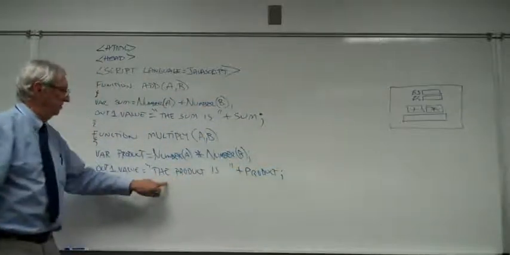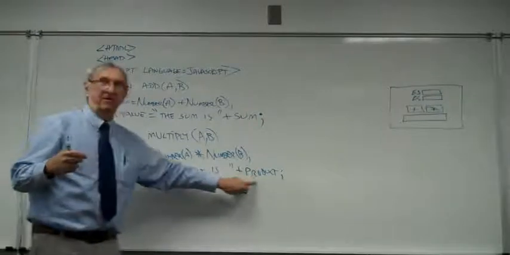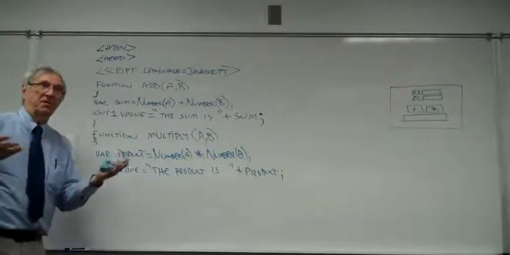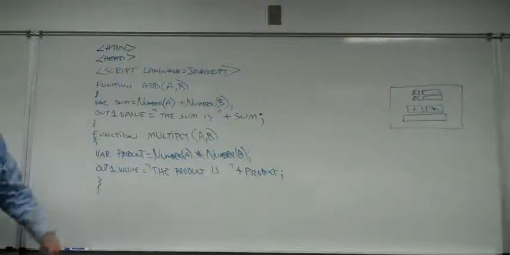Those two don't get mixed up. This is a word. Everything in these quotes is just a word. It's part of the string. This right here is a variable, and that's whatever number's in that. That's what's going to be in the string. And so that's going to send it back down below to the out here.